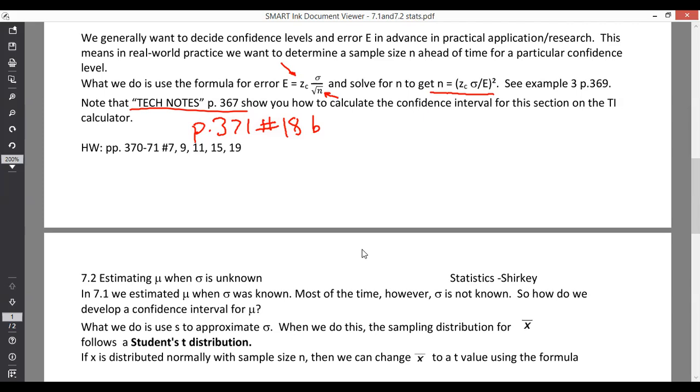Sigma for this problem was $1.92. Sample size, we don't know. We're going to figure that out.